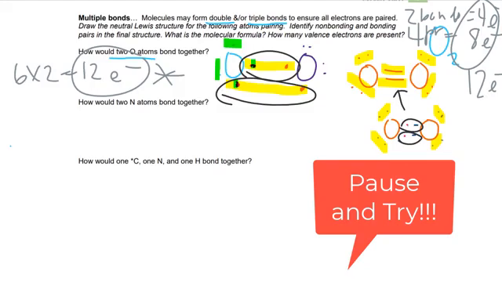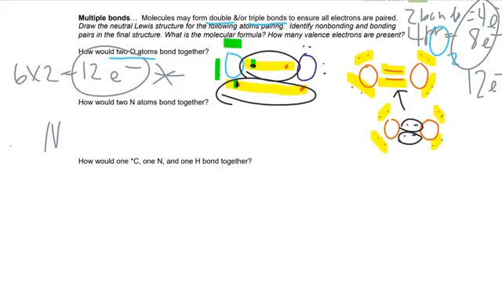All right, if we were to look at nitrogen, we know that nitrogen has 1, 2, 3, 4, 5 outermost electrons. So this nitrogen would be 1, 2, 3, 4, 5.